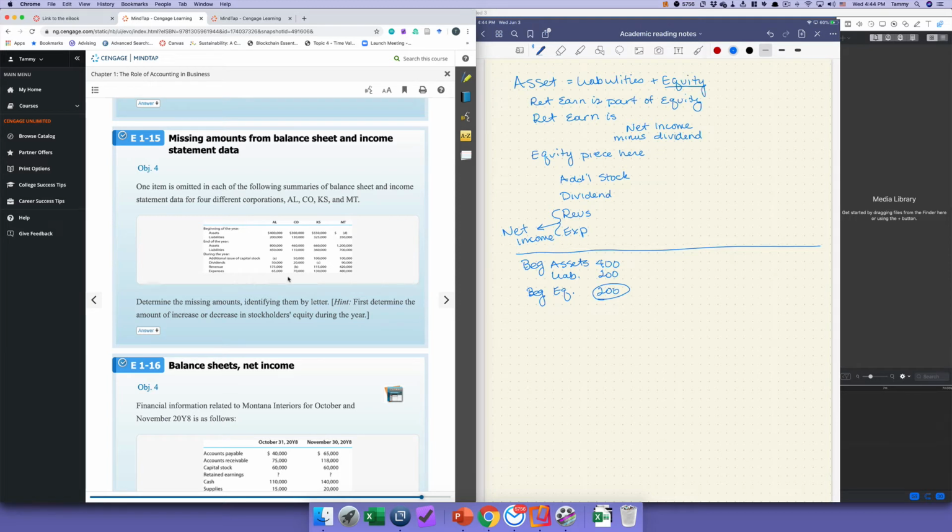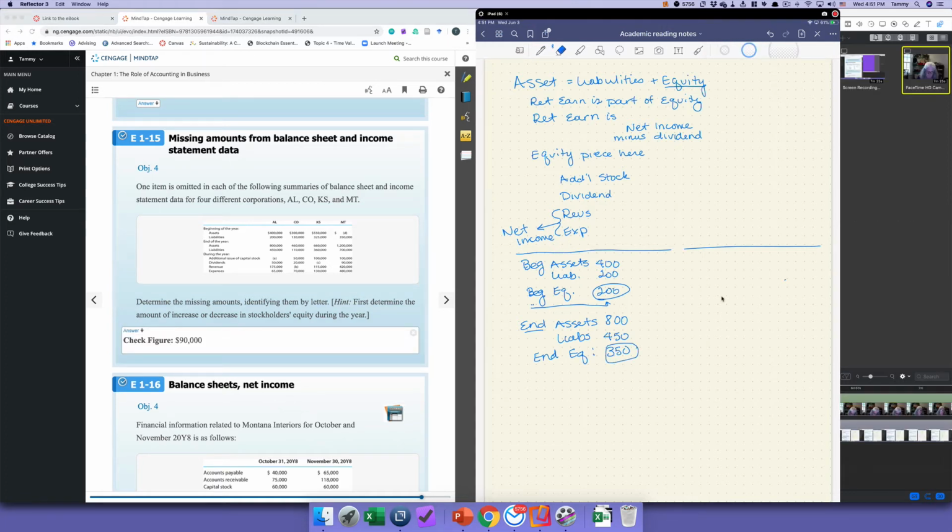Now at the end of the year, we had ending assets of 800 and ending liabilities of 450. So that means that our ending equity had to be 350. 450 plus 350 is 800, right?